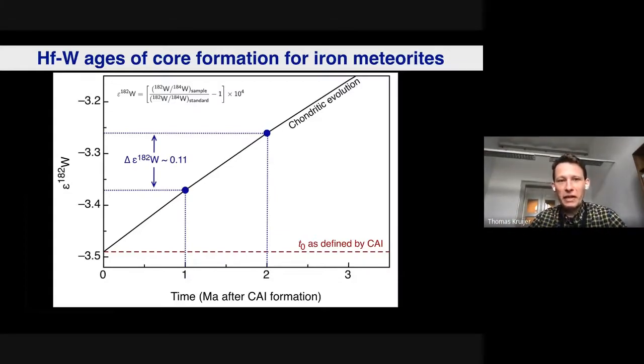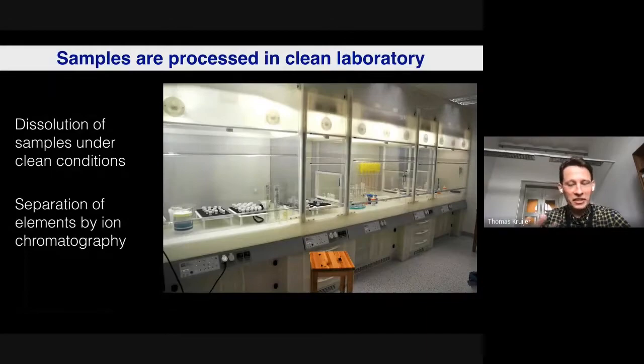The actual work is quite convoluted, and it requires a lot of analytical work in a lab. And just as an aside, I thought I would briefly highlight this. So what we typically do is we take about gram-size samples, we dissolve them in a clean lab setting, so a low blank clean lab with very clean air. They're dissolved in mineral acids in small Teflon beakers.